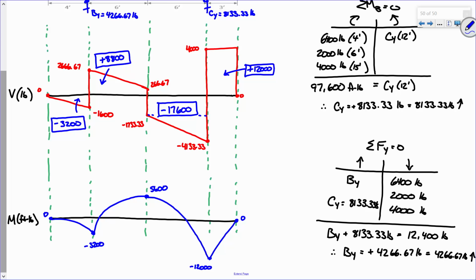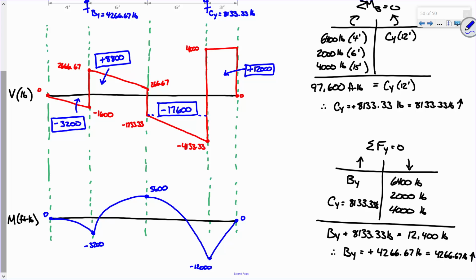So, from a design standpoint, let's look at it like this. In most cases, when we design for shears and moments, we really care mostly about magnitude. So what is the largest magnitude moment on this beam? Magnitude. 12,000. So I would design this beam for a bending moment of 12,000 foot-pounds and a design shear of, what's that?